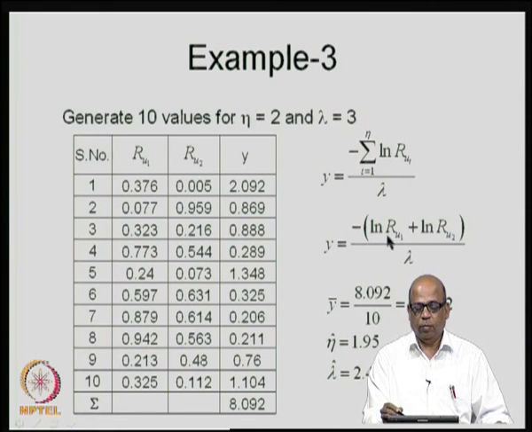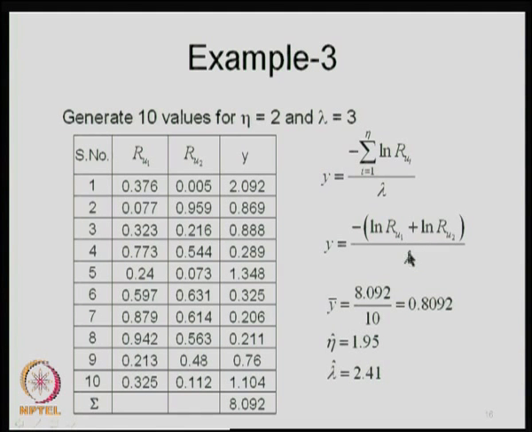So, y is equal to minus log ru1 minus log ru2 divided by lambda. Lambda is given, therefore, you generate y. Like this, you generate 10 values of y. You can generate again 1000, 10,000, 20,000 depending on the need. You can generate as many values as you want, and then you can finally check for the parameters. In this particular case, for these 10 values, the parameter eta cap estimated from the generated values comes to 1.95 and lambda cap comes to 2.41.